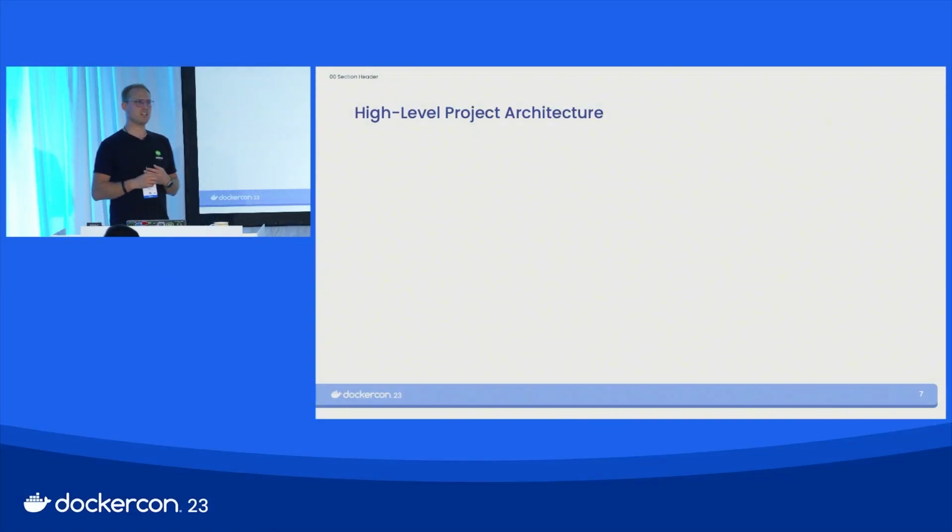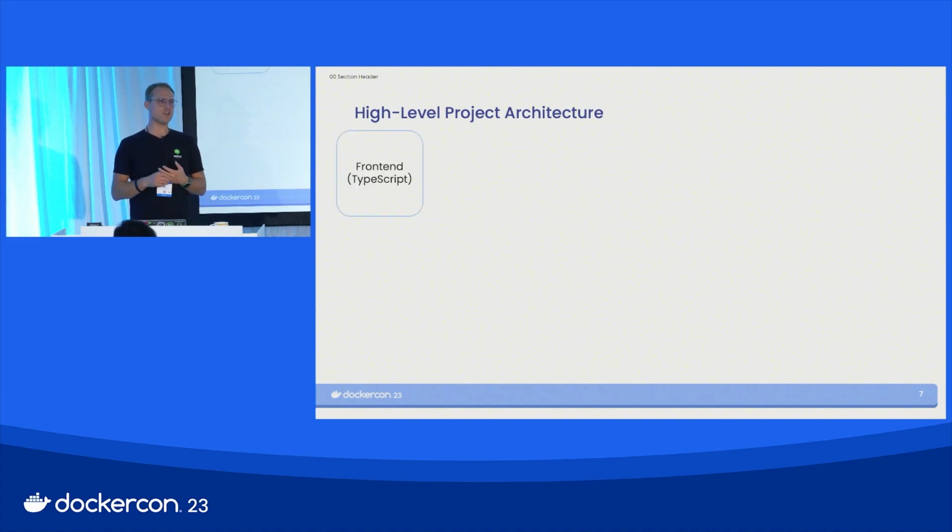So, the high-level project architecture of a common web development project. We have some kind of front-end. It can be integrated in the backend language like PHP or Ruby on Rails. But in many cases, like today, it is something like React or Vue or Angular, a front-end framework that you're using, so it's decoupled from your APIs.